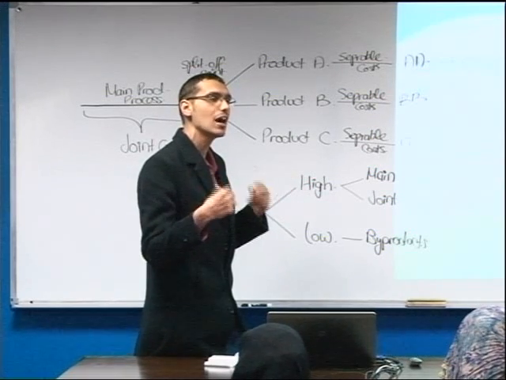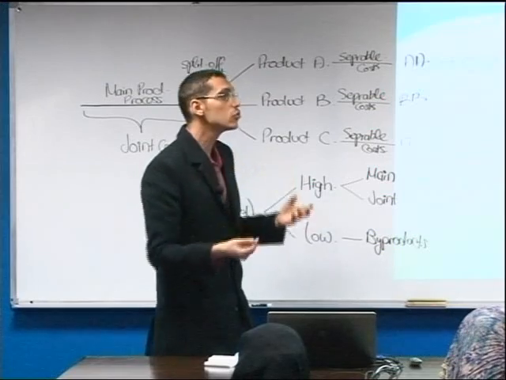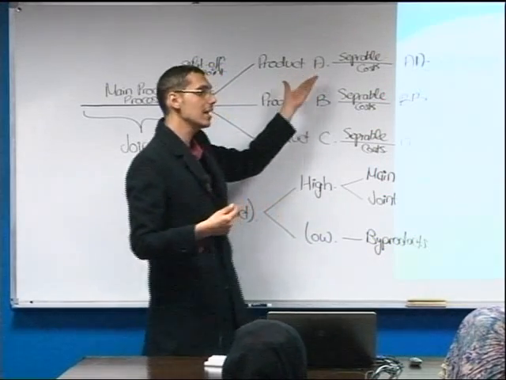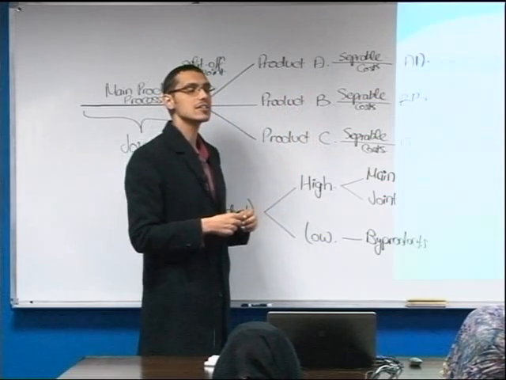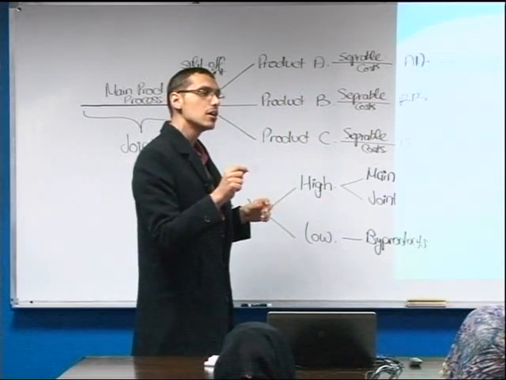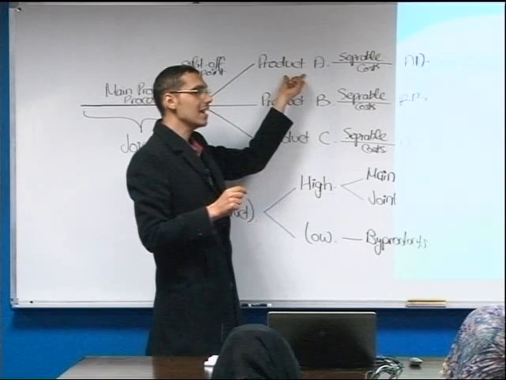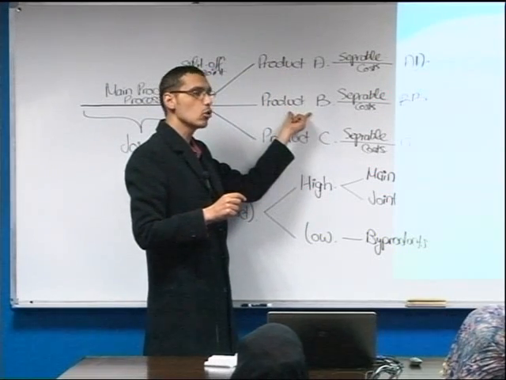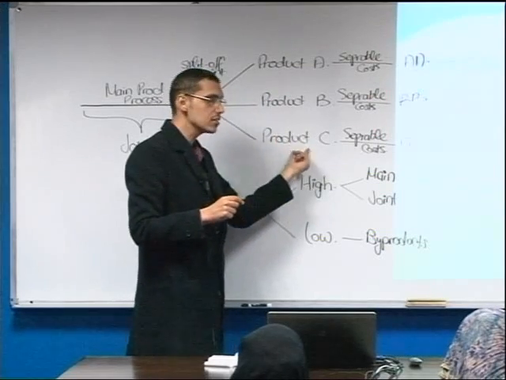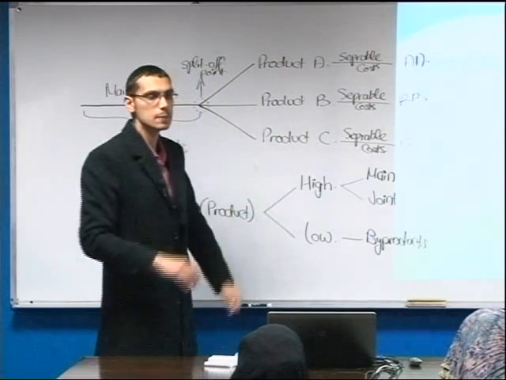Why do you think we need to allocate, or we need to know the cost of product A and product B and product C, or let us say know the value of the product A cost from the joint cost, and the product B cost from the joint cost, and product C cost from the joint costs?